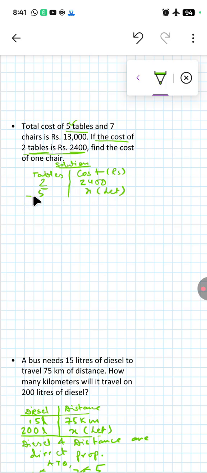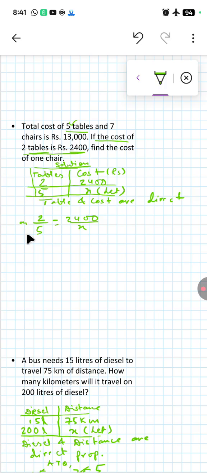So it is direct, because 1 table costs fewer rupees. 2 tables cost rupees 2,400, then 1 table will cost less. So it is direct. Table and cost are in direct proportion. We'll write it like this: 2 by 5 is equal to 2,400 by x. Here we get the value of x.